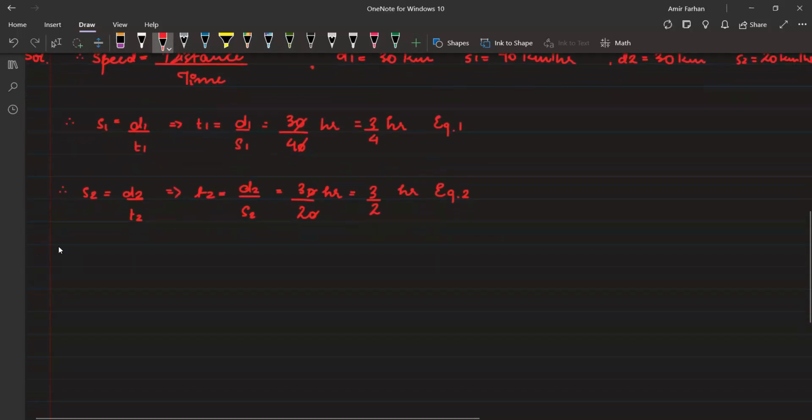So I can write total time will be equal to T1 plus T2. I will tell you why I am doing this.